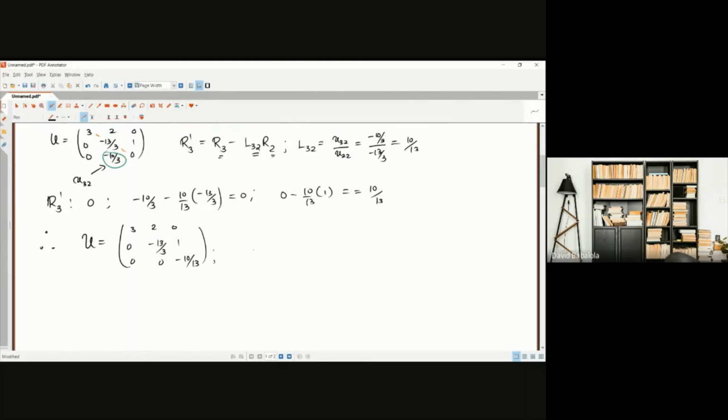And our L matrix is now a lower triangular matrix, and that gives us 1, 0, 0; minus 1 over 3, 1, 0; 2 over 3, 10 over 13, 1. So these are the factors. These are what we call LU factors.